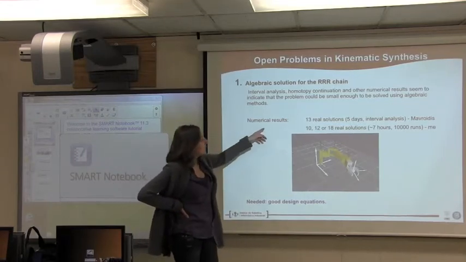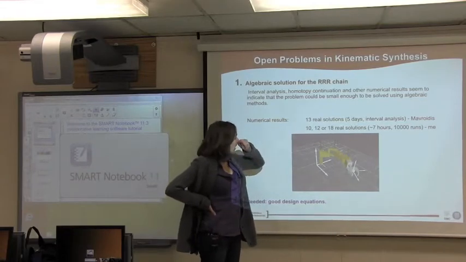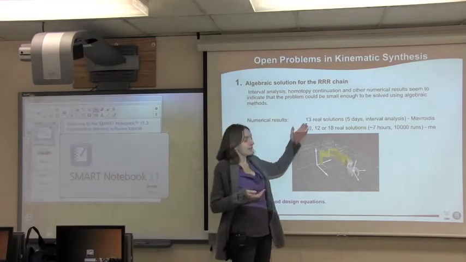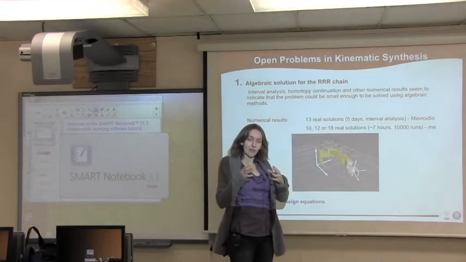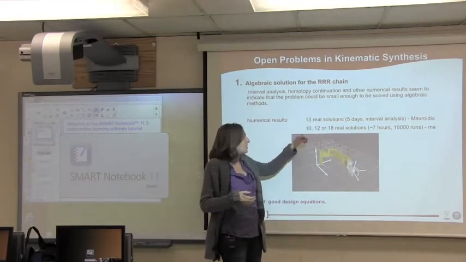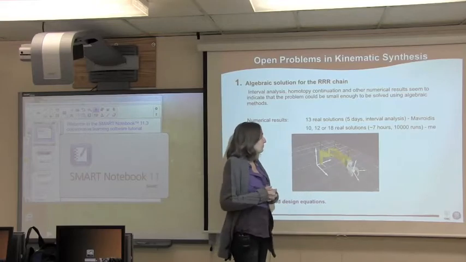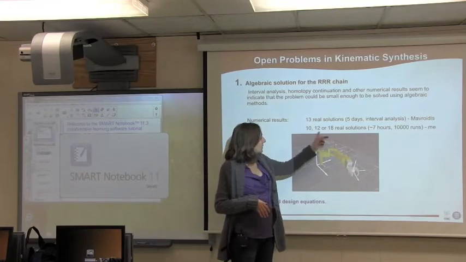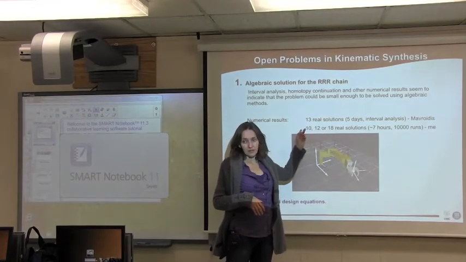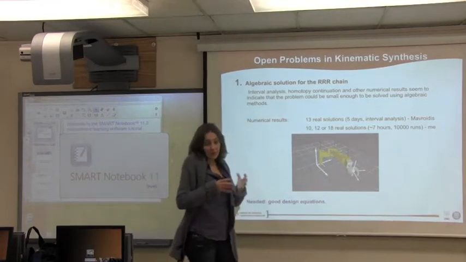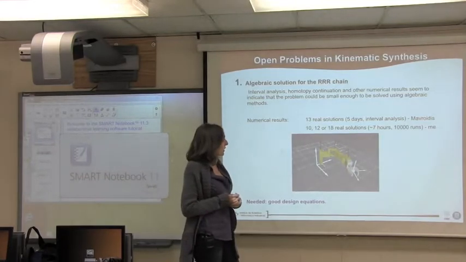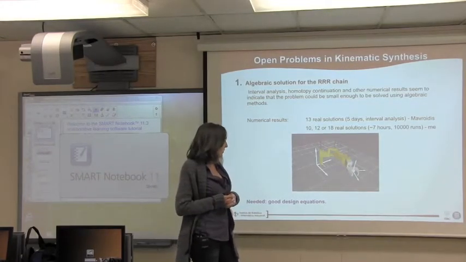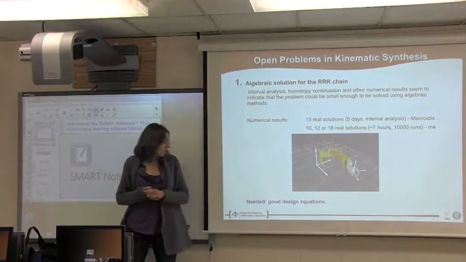It has been done using interval analysis, and of course that depends on what positions you use. So the only thing they could say is, okay, for this interval that we have taken and for these positions we got 13 solutions. I know if you do a lot of runs, then I got this number, 10, 12 or 18, depending on the set of positions that you get real solutions, and then complex solutions, maybe many more, we don't know.